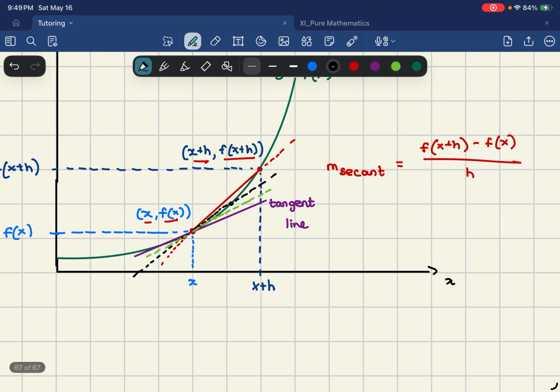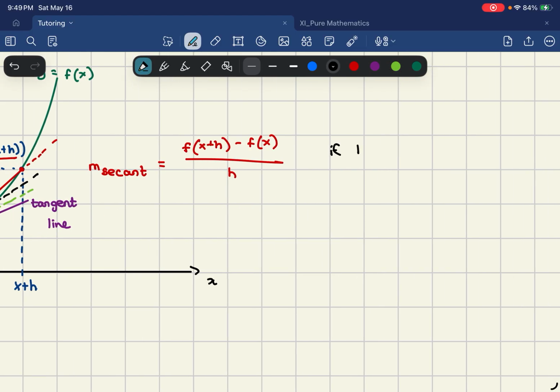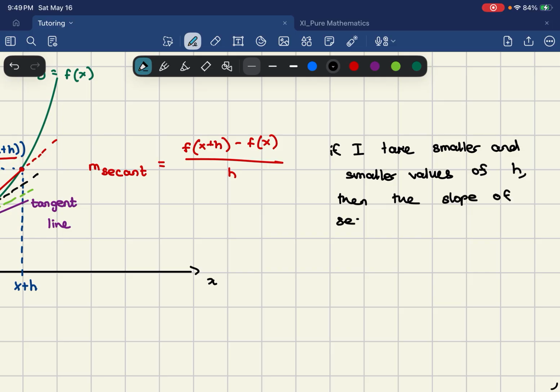So the idea is, if I take smaller and smaller values of h, then the slope of the secant line is approximately the slope of the tangent line, right?